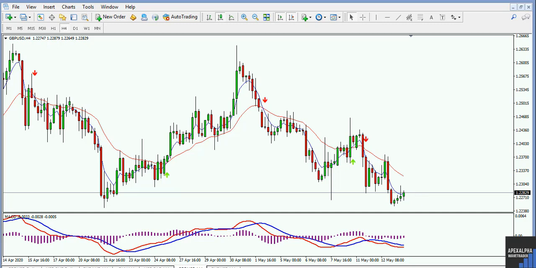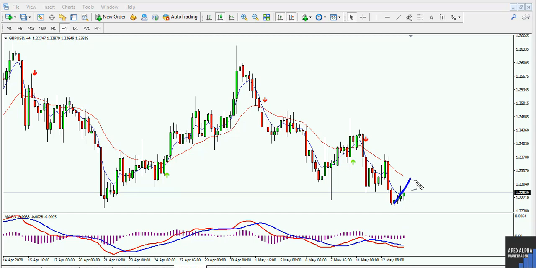And what are you waiting for? I'm just going to look for the pen here. Let me mark this. So basically we are looking for something like this, and then to trade to the upside. Okay, and of course that means we're going to expect to get in somewhere around here. So technically it's something like this we are looking for.